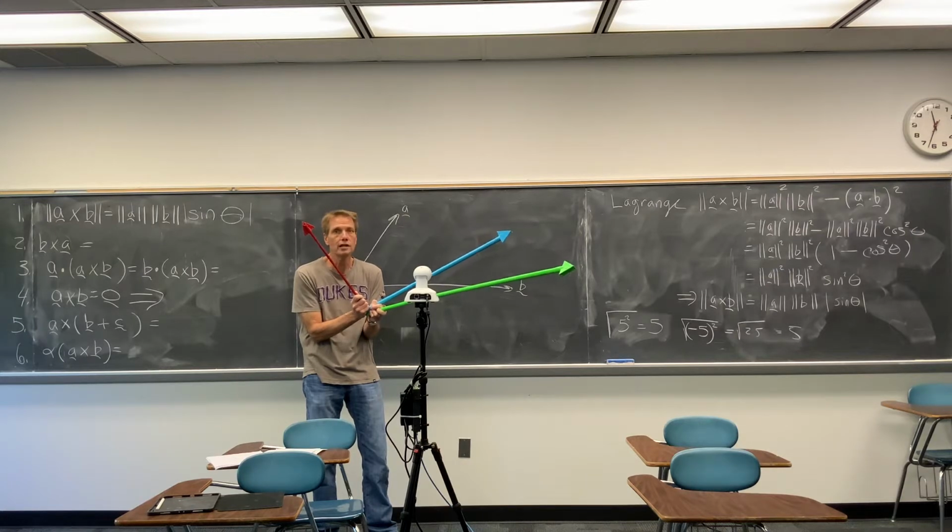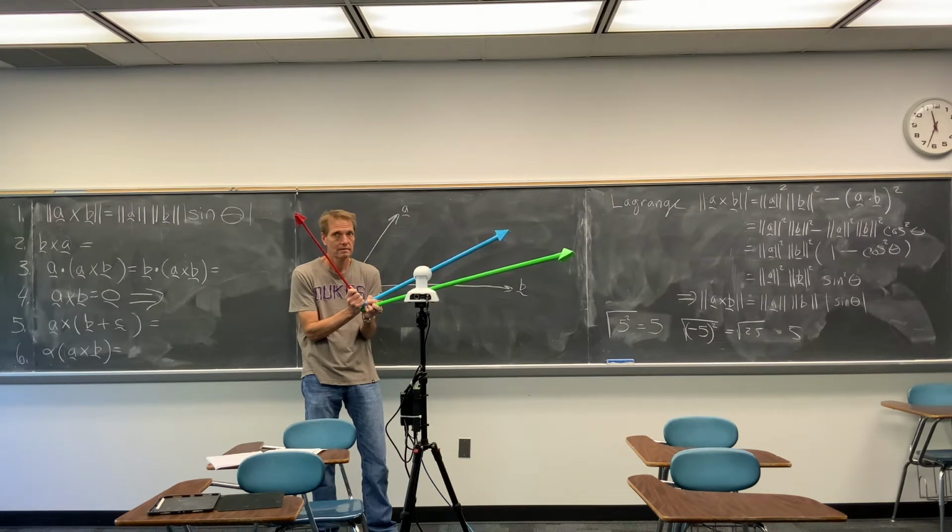Any two vectors that aren't parallel define a plane, and the red vector points perpendicular to this plane. So red dot green would be what number? 0.